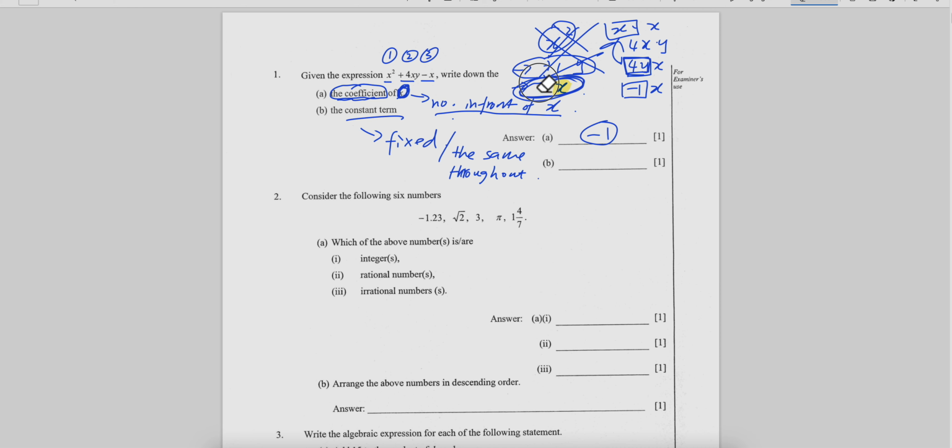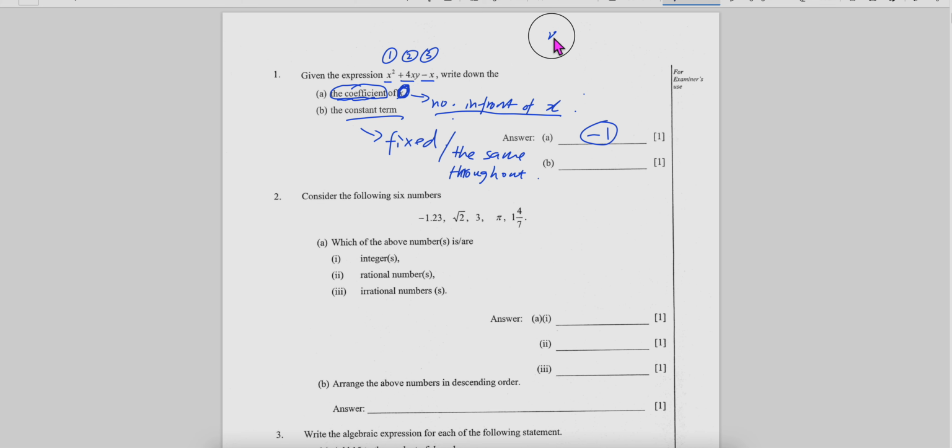When you do this kind of question, you always write the 3 of them out and decide. So just now for A, you write it out as x times x, then 4yx, then minus x. You see that this one is not a coefficient, it's not a number. This one is also not a coefficient. So you can only choose -1.